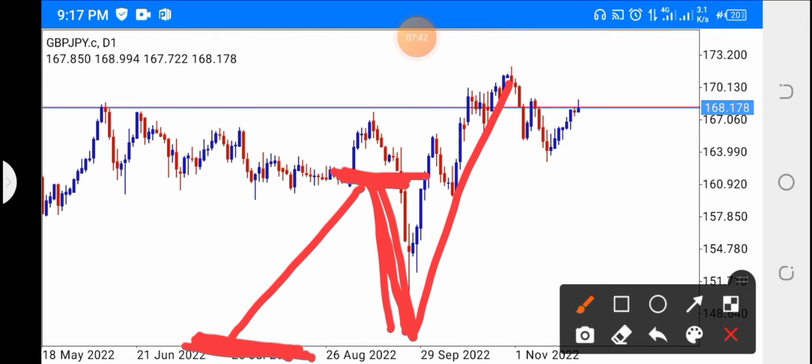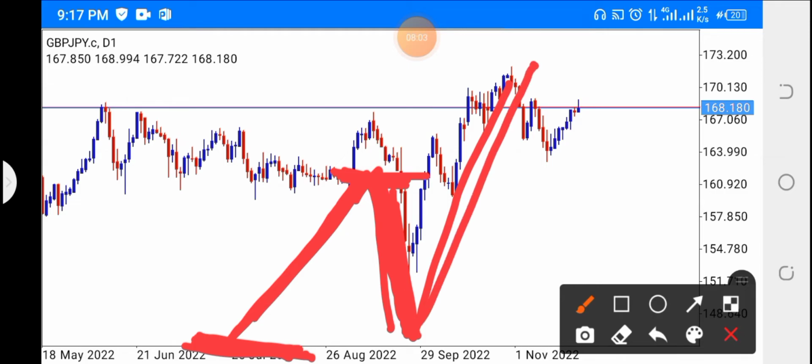Okay, now for a bullish trend, there has to be an expansion, which is also called an impulse. And then after an expansion, what do we expect? We expect a retracement, which is also a correction. So price will correct back or retrace back to some extent, and then after the correction, it will expand again. You understand?